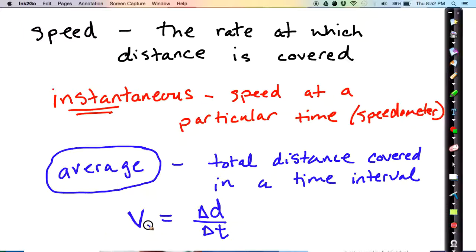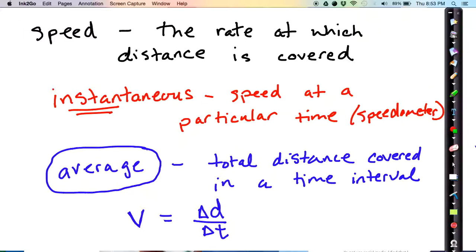And this is again going to be an average speed calculation, so we might note v average, but we usually leave that out. Anytime you see this equation delta d over delta t, we're calculating average speed. In order to find instantaneous speed, we would have to examine a graph of position versus time. We'd have to consider a graph of motion in order to find instantaneous speed. And that's something we'll talk about at a later time.